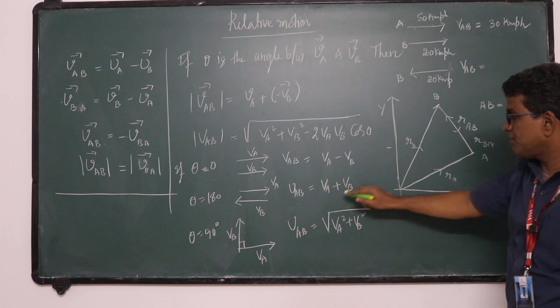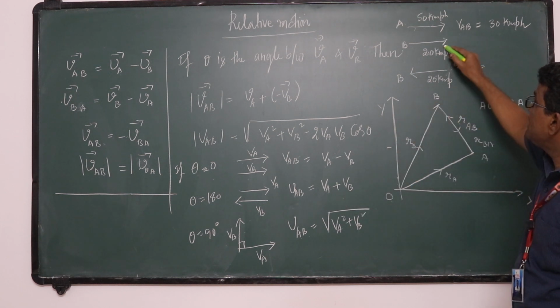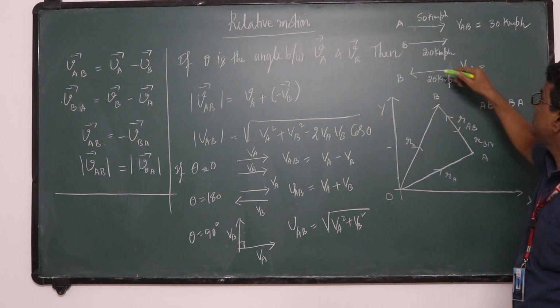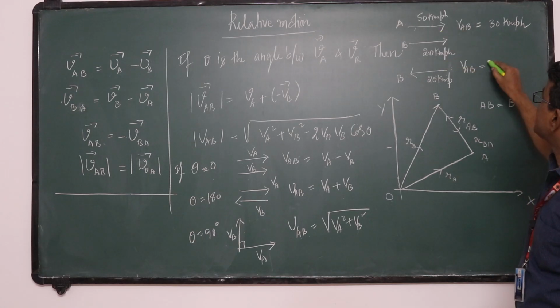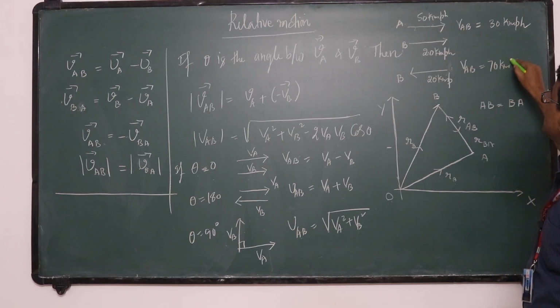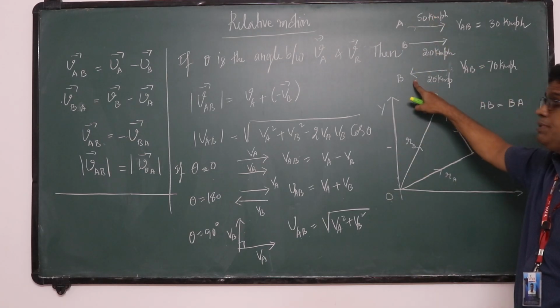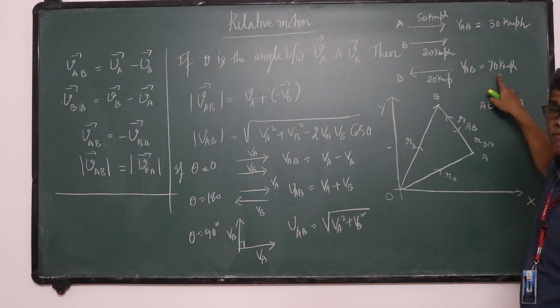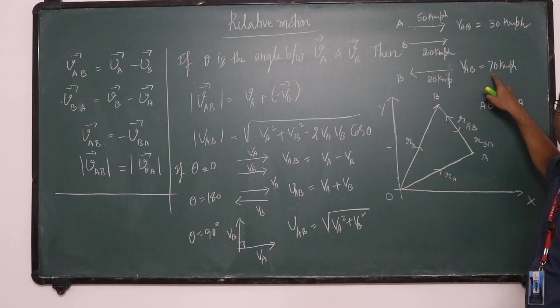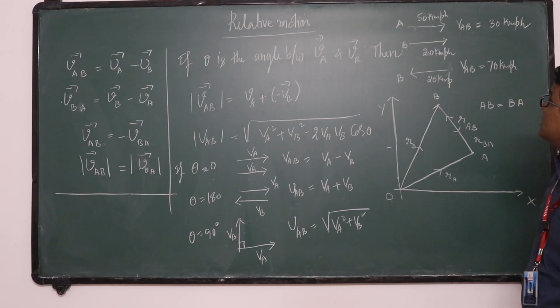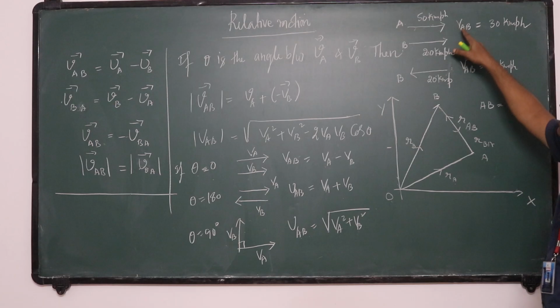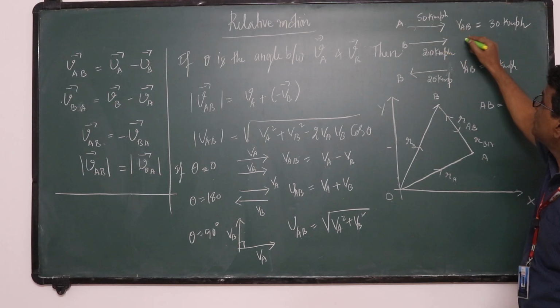VA plus VB, 50 plus 20, 70 kilometers per hour. That means passenger A appears to B to be moving at 70 kilometers per hour. Okay.